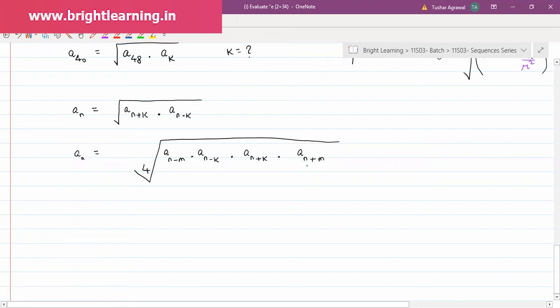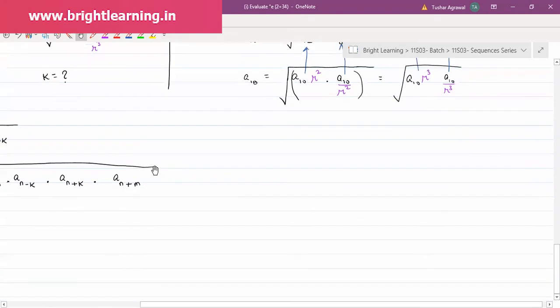It's something like this: A10 will be equal to, if you are generating 4 numbers, A10, A10, A10, A10, 4 times the product, 4th root. So into R upon R, these two numbers pair, the 11th term and the 9th term.